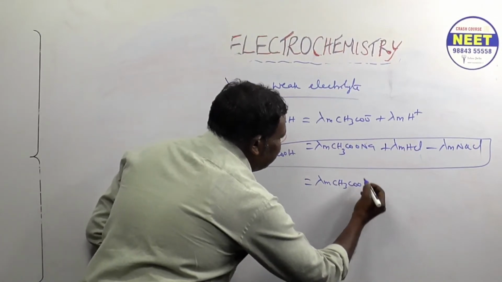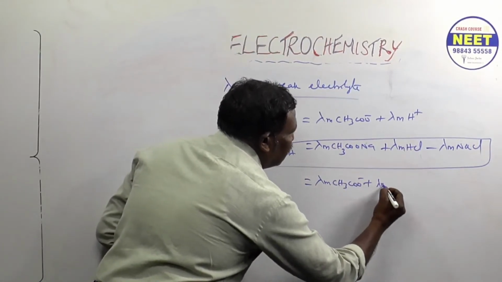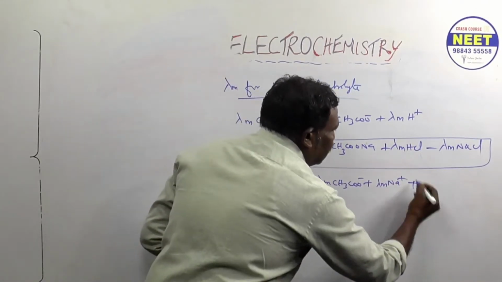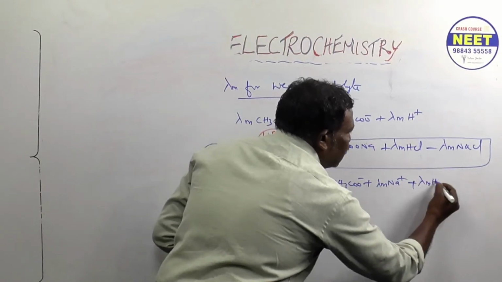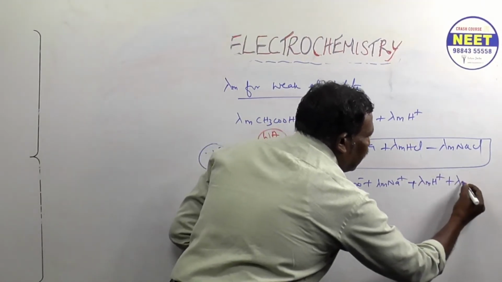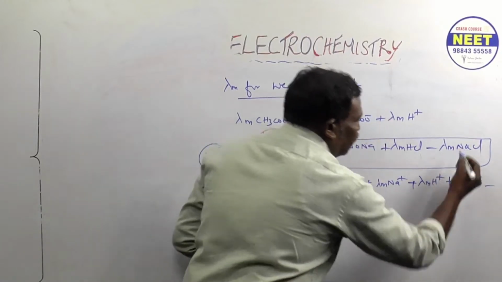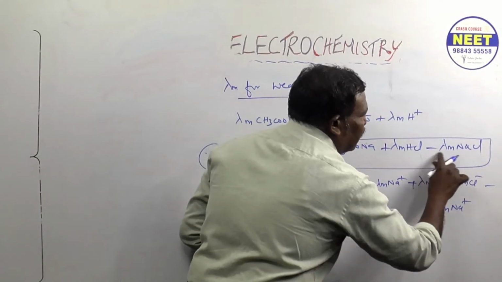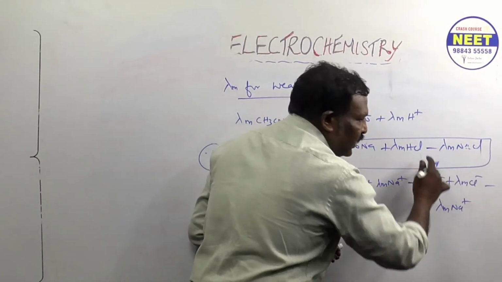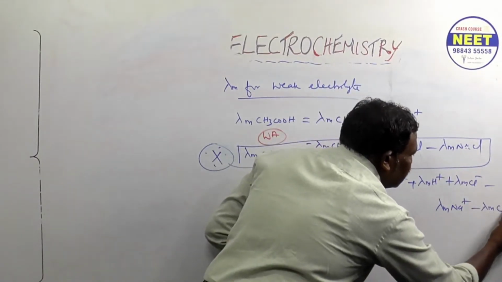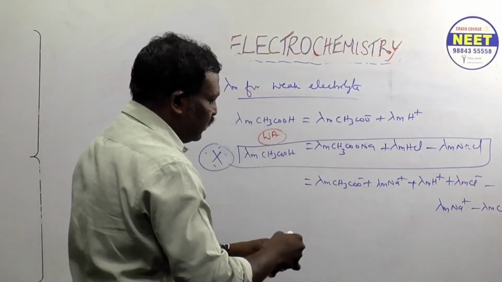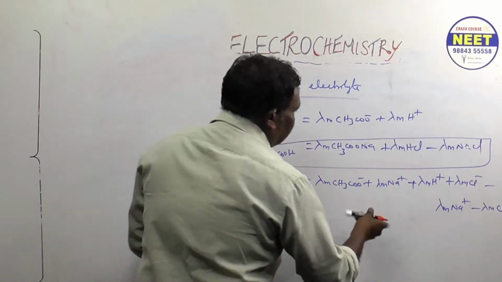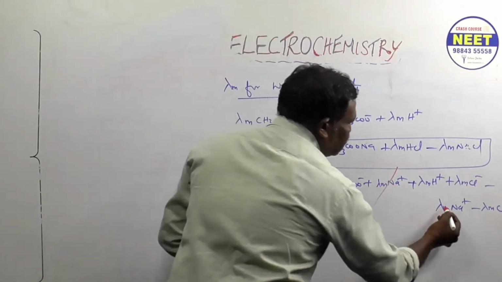Okay. So how to split this one? CH3COO minus, H plus, Na plus, no? Plus, tell me, lambda m of H plus, lambda of Cl minus, lambda m of Na plus. This minus is common for both. Correct? Minus Cl minus. Now if anything is similar, you can cancel, no? Plus Na plus, this is minus.